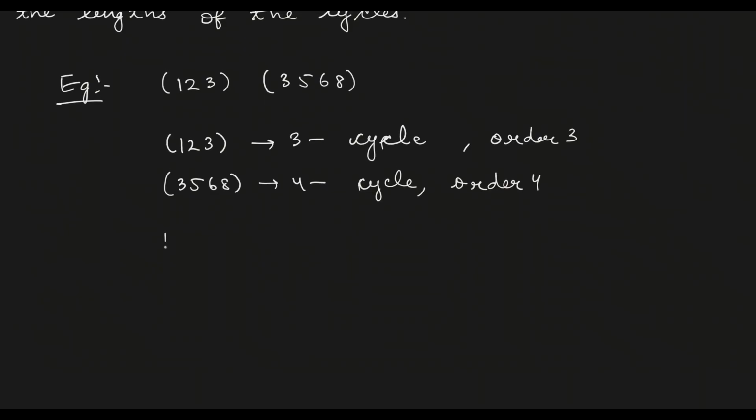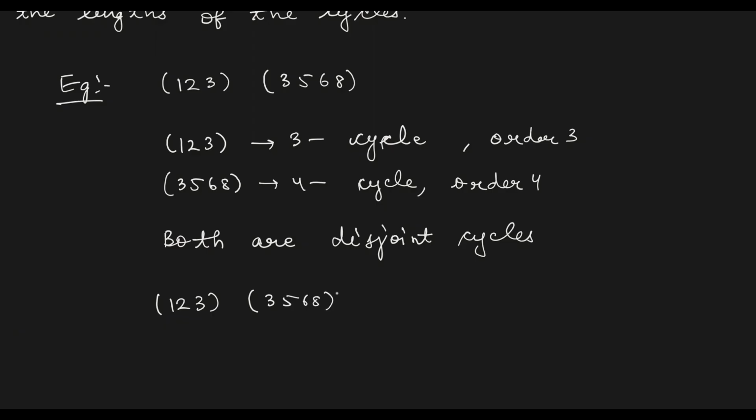Both are disjoint cycles. So the order of (1 2 3)(3 5 6 8) is the LCM of this cycle's order 3 and this 4. So 12.